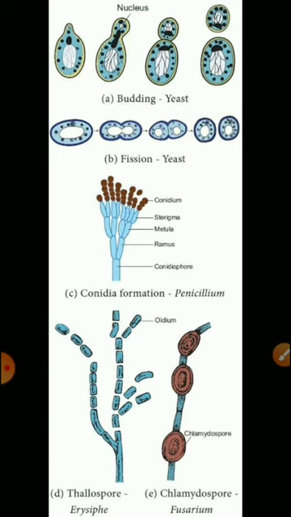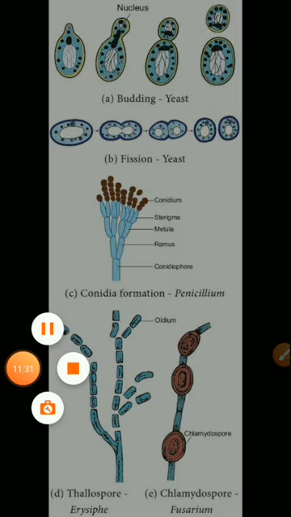The hyphal cells store reserve food, round off and secrete thick wall to form chlamydospores. On the approach of suitable conditions, each chlamydospore germinates into a mycelium. Examples are Rhizopus and Agaricus. In these organisms, we can see chlamydospores.